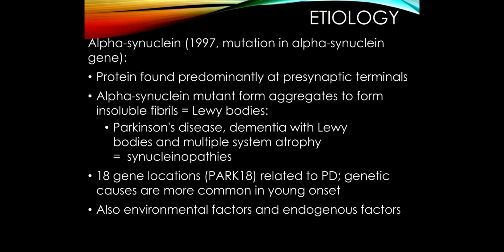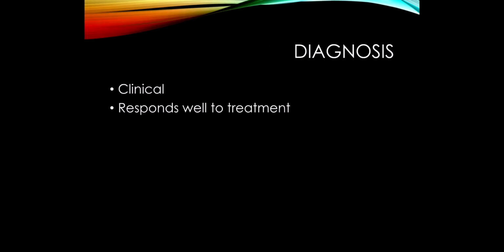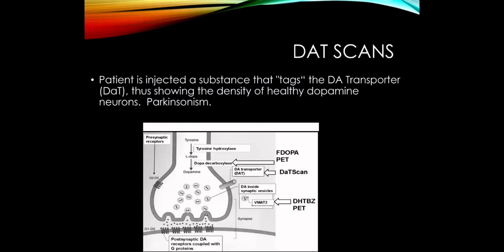We know that there are environmental factors and endogenous factors, but there isn't like a clear, 1 or 2 things here that I can share with you in terms of risk factors there. So in terms of diagnosis, we need to have things fit all of the TRAP. So clinically, that is consistent. And again, patients respond well to therapy. And then, we can confidently say this is Parkinson's disease, and we don't have red flag symptoms.